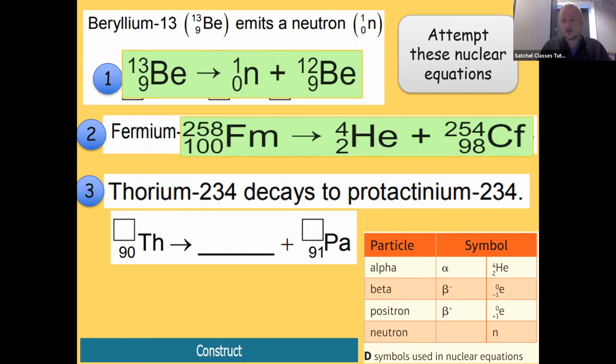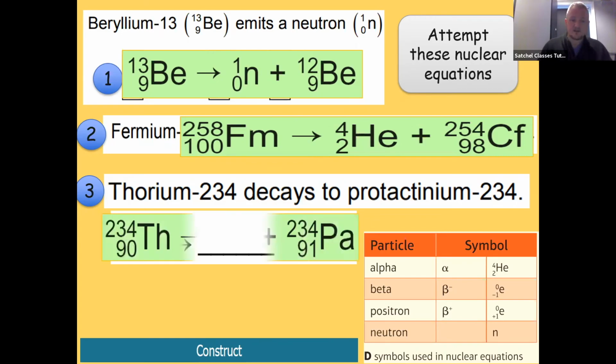That then suggests a beta decay process. And if we think about this very carefully, it's beta minus, the electron decay process, because that is a neutron turning into a proton, so we're gaining a proton. But the mass of the thorium and protactinium stay the same because beta decay affects the atomic number, but the mass is unchanged.